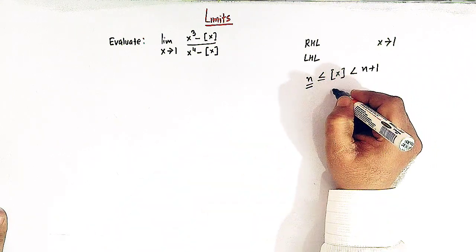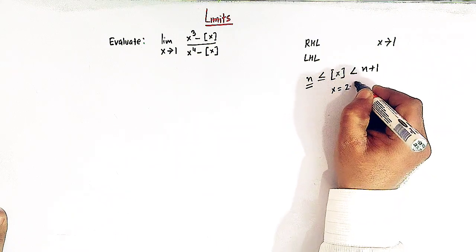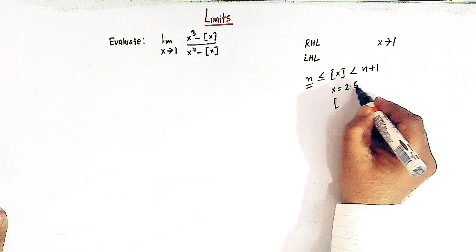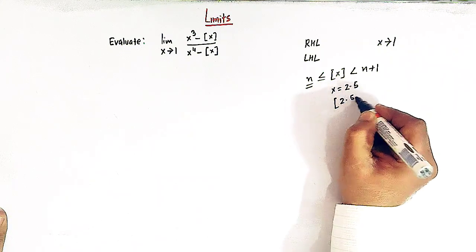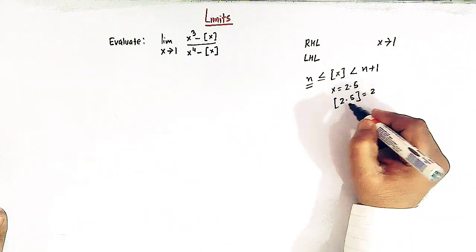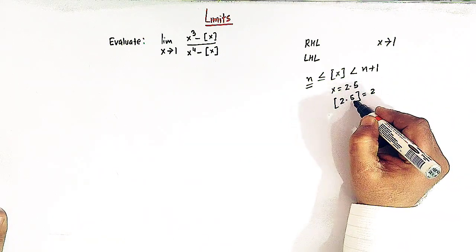For instance, if we take x is equal to 2.5, then what is the greatest integer of 2.5? This is obviously 2, because 2 is the greatest integer less than 2.5.